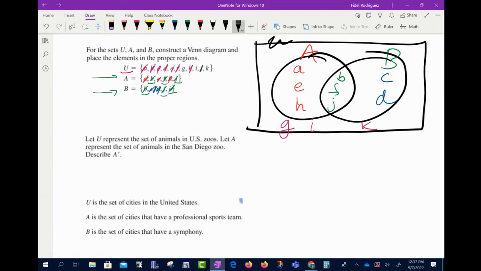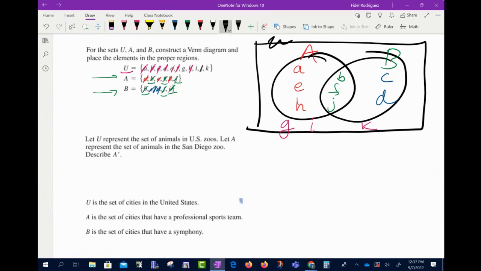Okay, so let's take a look at the next one here, y'all. It says, let U represent the set of animals in U.S. zoos. Let A represent the set of animals in the San Diego Zoo. Describe a complement.